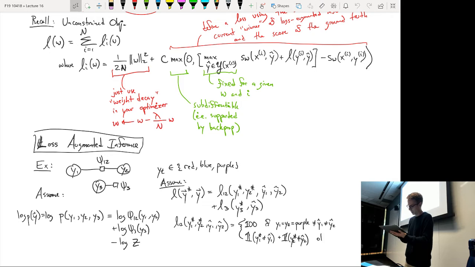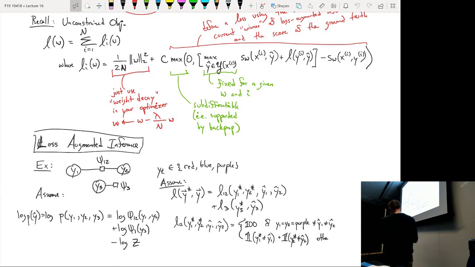And we get that otherwise. Okay, and then the last detail would be, we'll define L3 here to just be, again, Hamming loss, which is the indicator function of y3 star not equaling y hat 3. Okay.